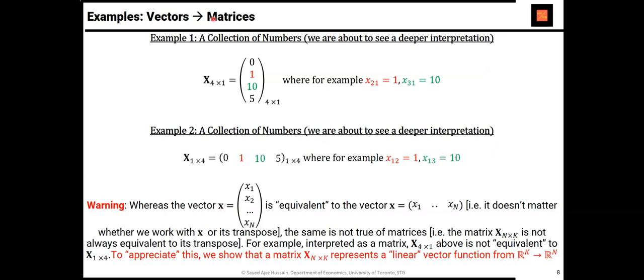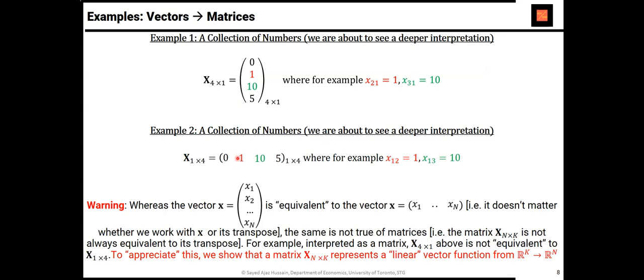So coming back here, if I now interpret this as a matrix and not as a vector, then this is a completely different matrix than the one where I simply take the column and flip it and transpose into rows. So one more time. If these are vectors, if you're carrying out operations and so forth, it doesn't matter whether you work with the column version or the row version. Or if these are matrices, it does matter whether you are now working with the column or the row version.